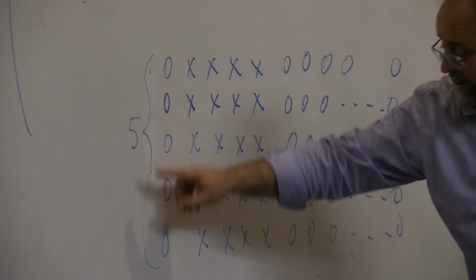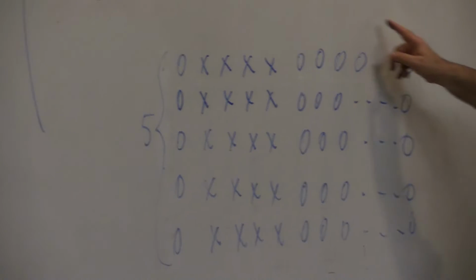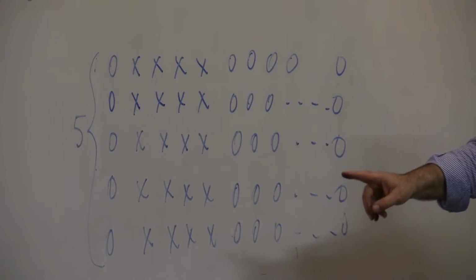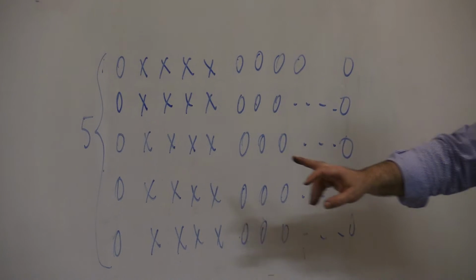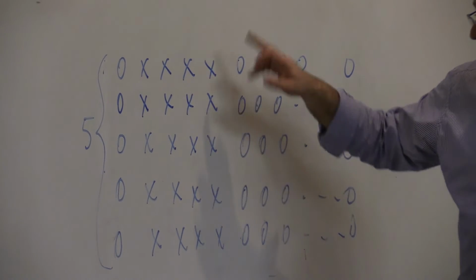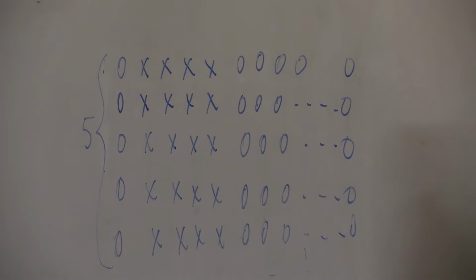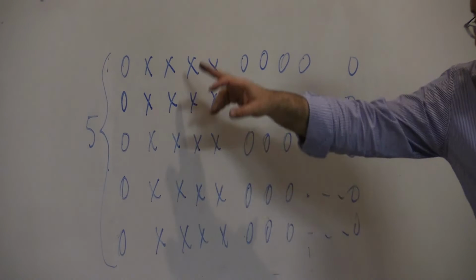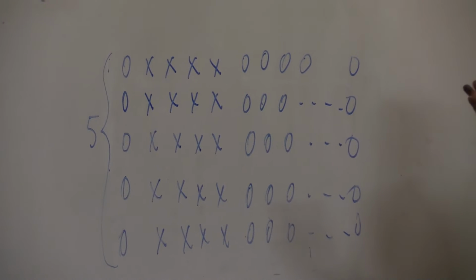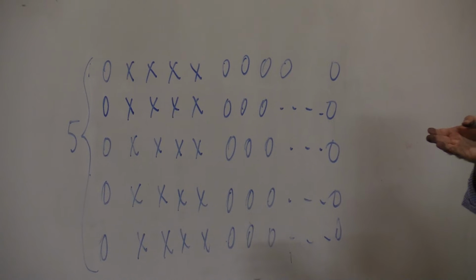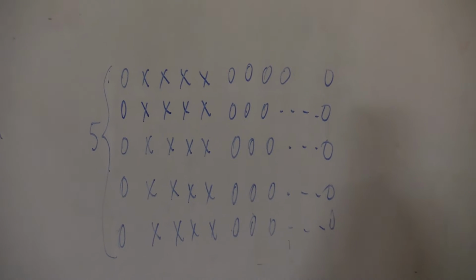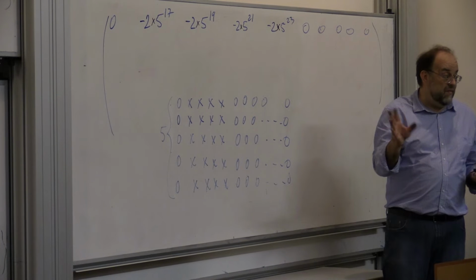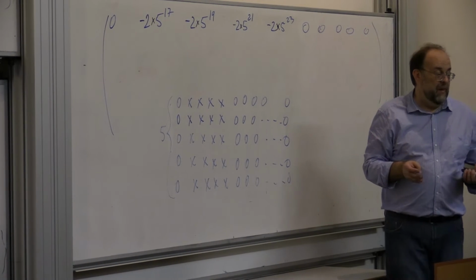So the vector space spanned by these 5 vectors is of dimension at most 4, because there are only 4 places where you have non-zero entries. So you have 5 vectors in a 4-dimensional vector space, so they cannot be linearly independent. But if rows are linearly dependent, this means that the matrix is singular, right?